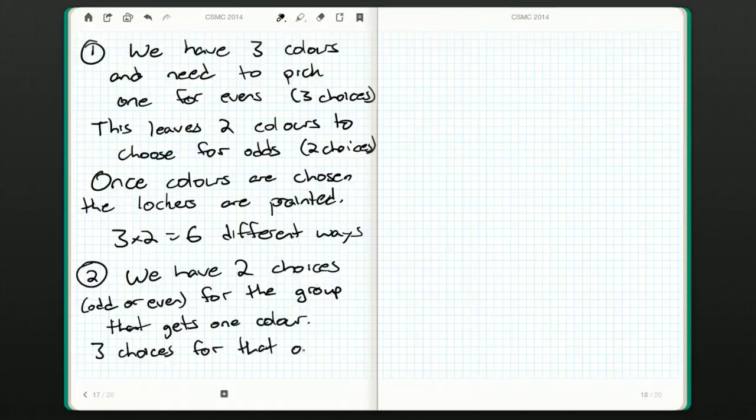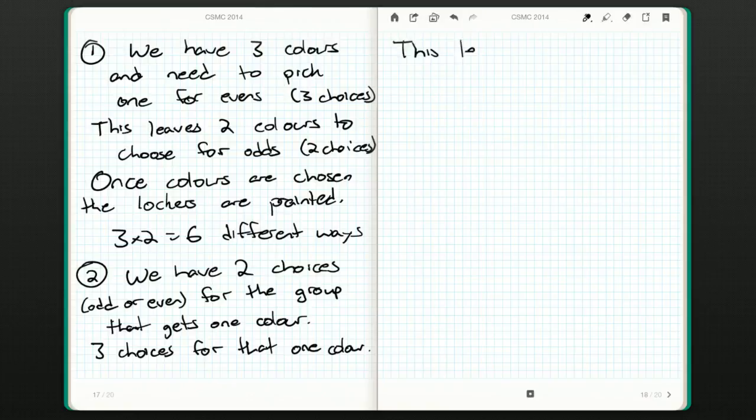And we have 3 choices for that one color. Now each group, odds and evens, they both have 5 lockers, either 1, 3, 5, 7, 9, or 2, 4, 6, 8, 10.